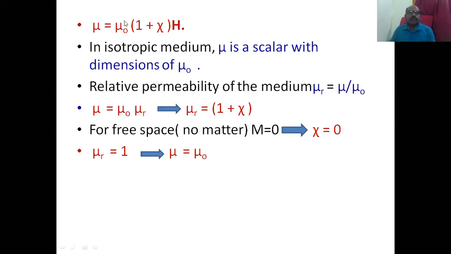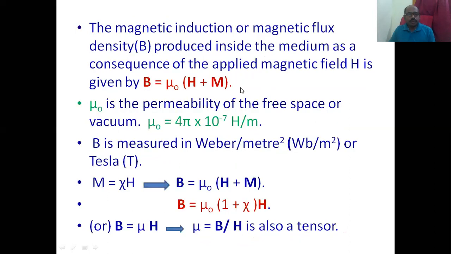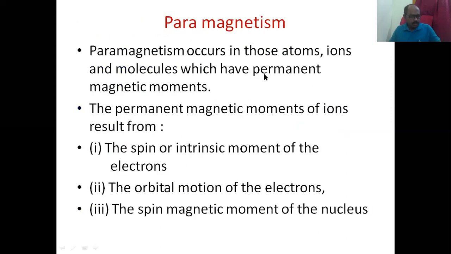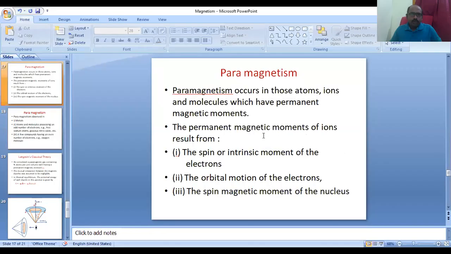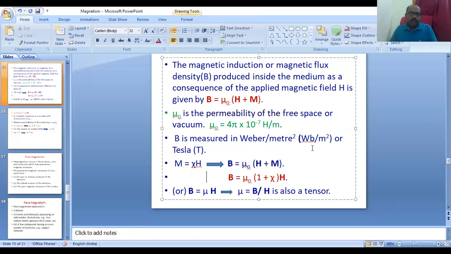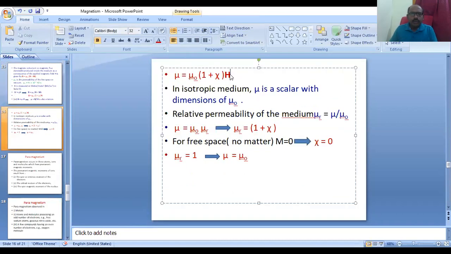Now here we are seeing mu is equal to mu naught into 1 plus Xi into H. Sorry, there should not be H here.